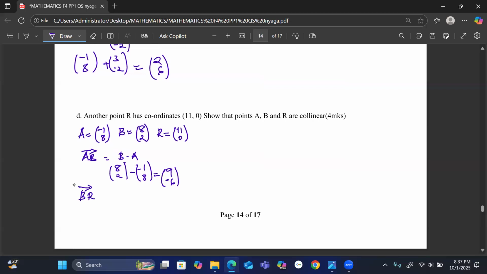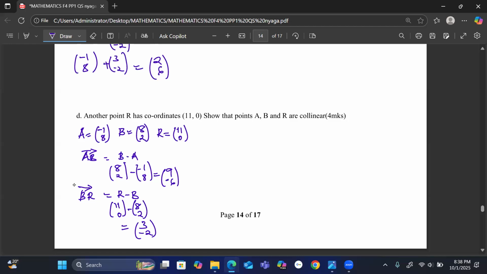To get BR, we take R minus B: (11, 0) minus (8, 2). We're going to get (3, -2) as vector BR.